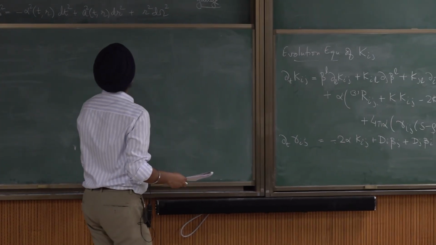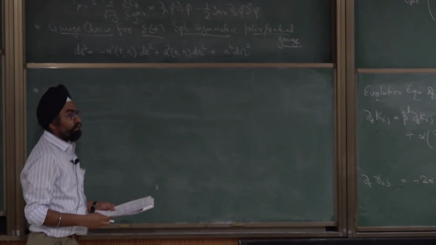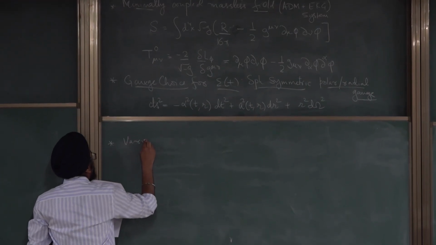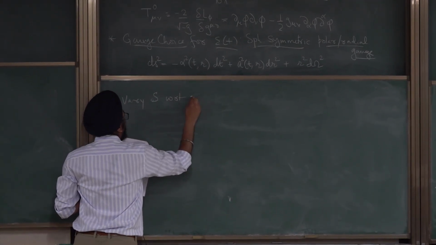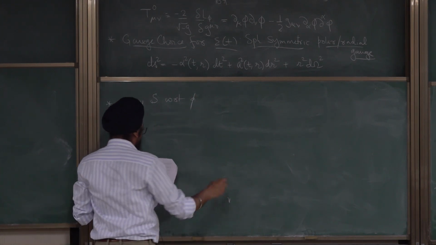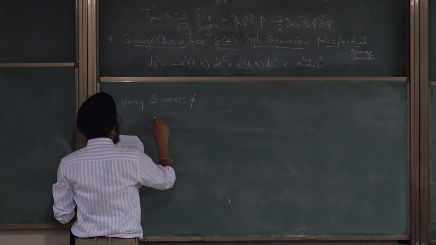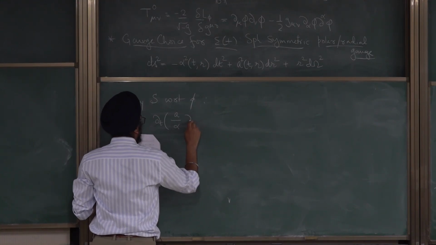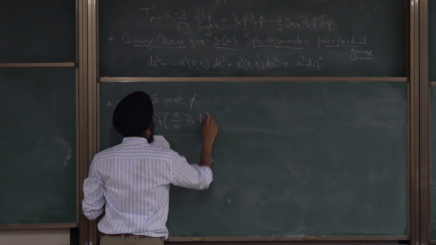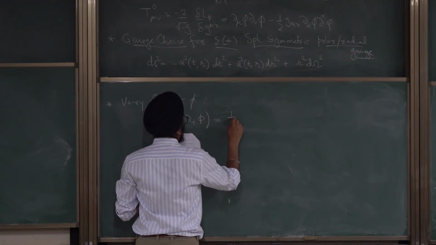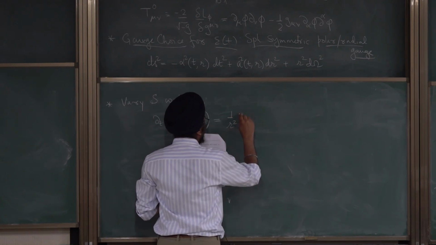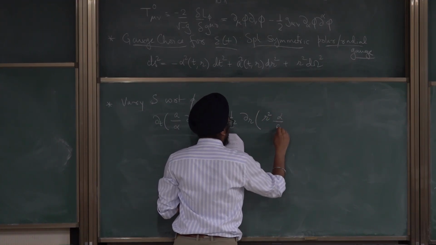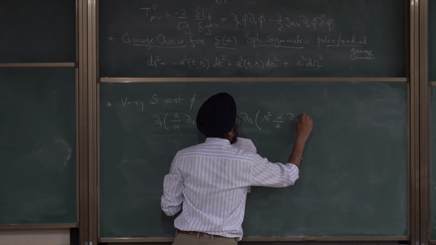You vary this action with respect to phi, and what you get is del_t of (a by alpha del_t phi) equals 1 by r^2 del_r of (r^2 alpha by a del_r phi).